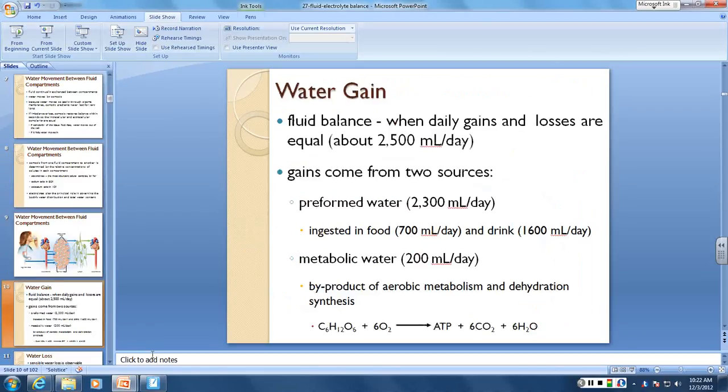Now, let me ask you all something. You all heard of water intoxication? What is that? So you drink too much water too rapidly and you can be drunk or you can die.